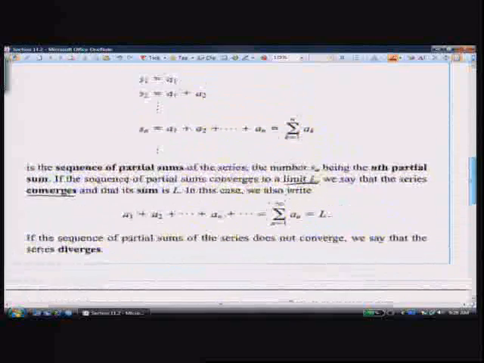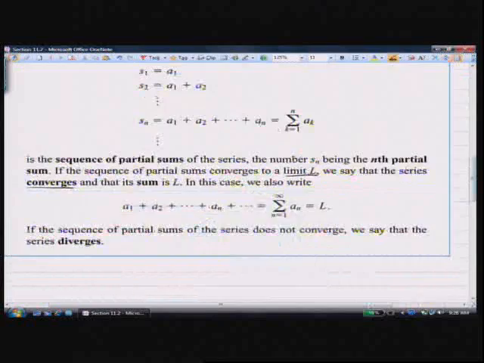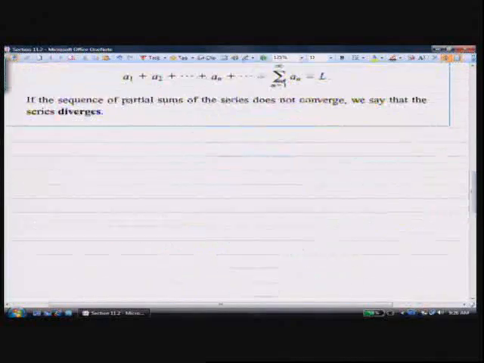Okay. Now, a really fun first series, and one that you want to be familiar with, is called the geometric series. So I'm going to put some notes inside here before I give you that formal definition that I copied from the notes.